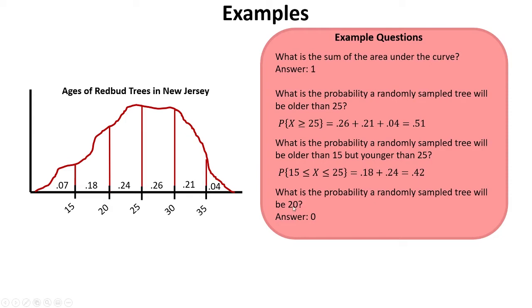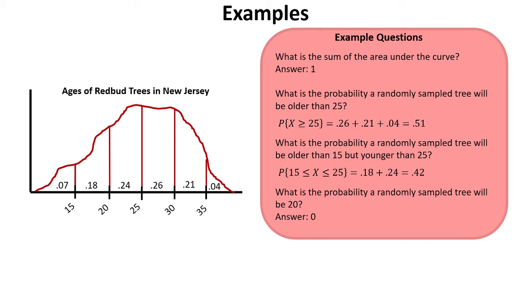It would be very small, but it would be an answer. But since 20 is a single line, the odds of you getting a tree that is exactly 20 years old to the second, to the millisecond, to the nanosecond is always going to be 0, because you're integrating across a range of 0, and therefore it's going to be 0.